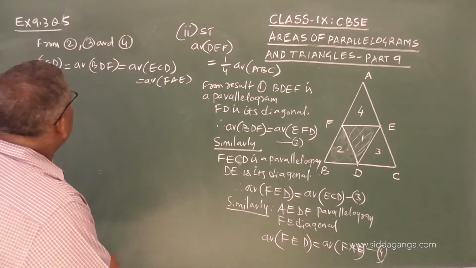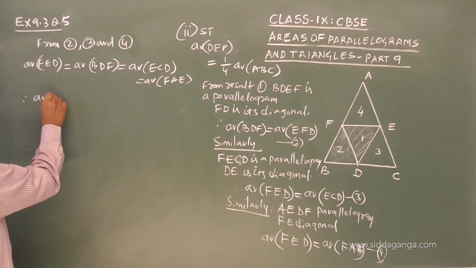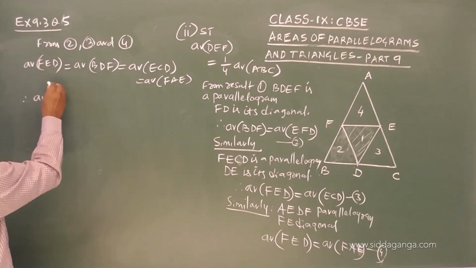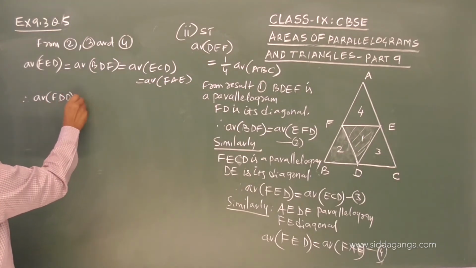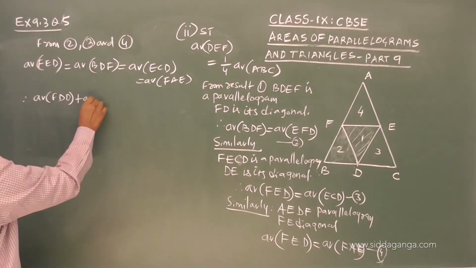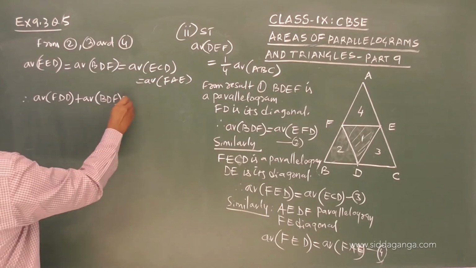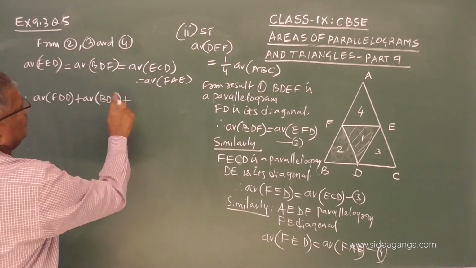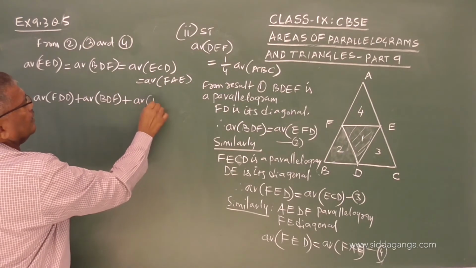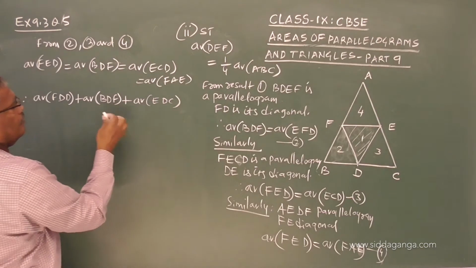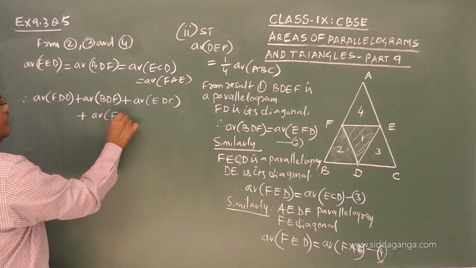So therefore, when they are equal, we can say area of FED plus all the 4, BDF plus, instead of equals I am putting plus now, area EDC plus fourth one, area FAE.